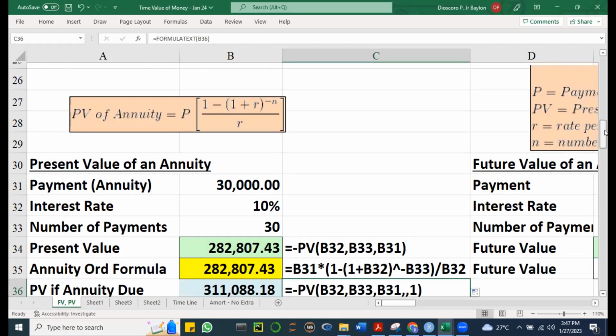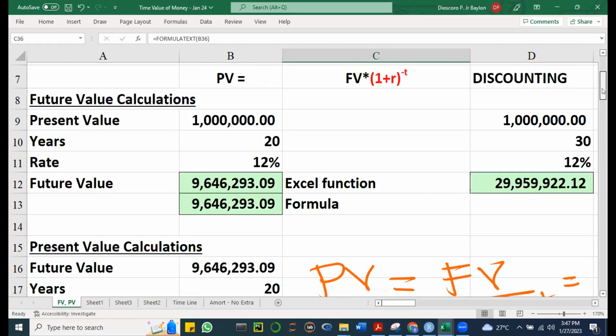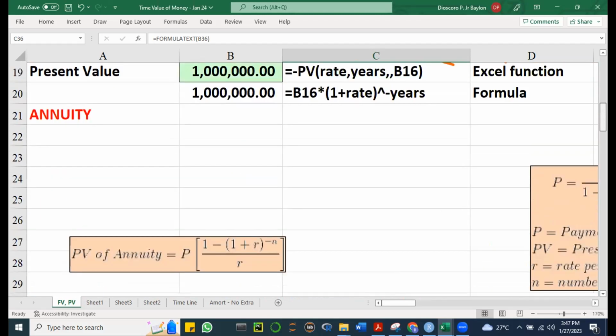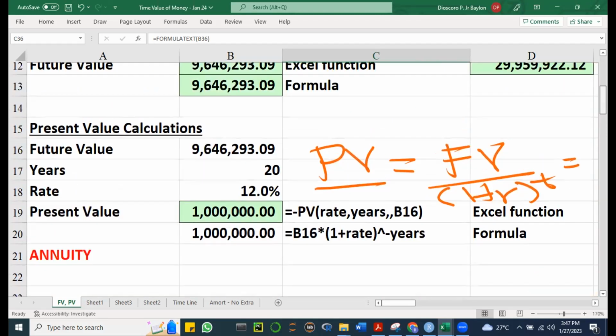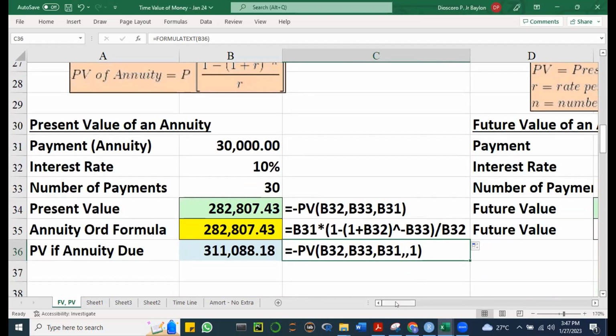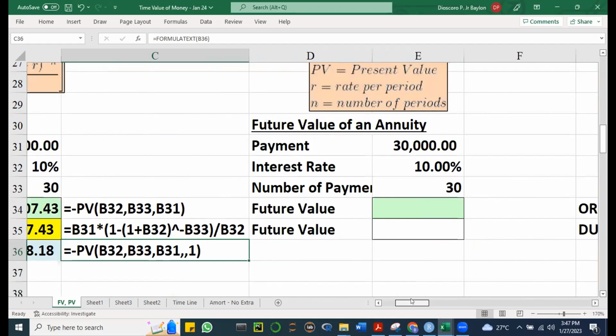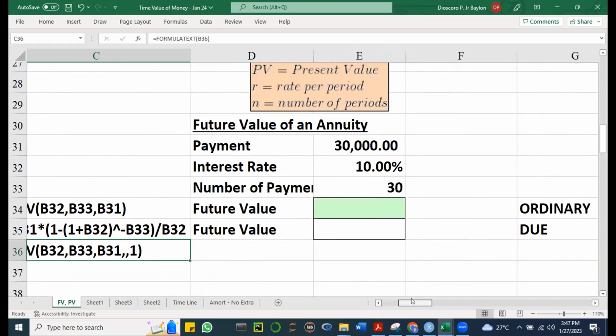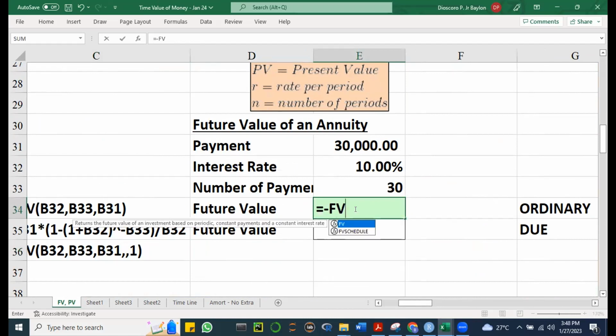So we have learned so far how to get the present value of one individual cash flow versus the present value of a stream of cash flows in the form of an annuity. If we get the future value, this will be very easy also. Let's use the FV function: negative FV, just to cancel out the negative sign.